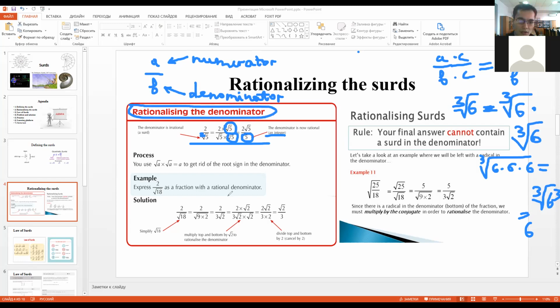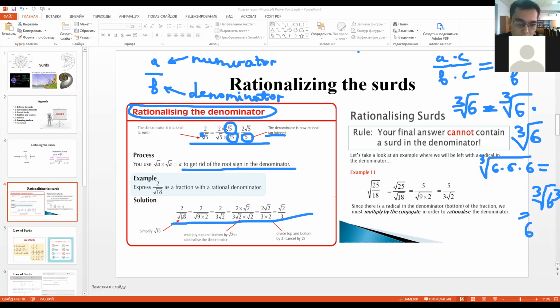Because you have to get rid of the root sign in the denominator. It's okay if you have a root sign in the numerator, but it's not okay if you have a root sign in the denominator. So here you can see also a simplification technique.